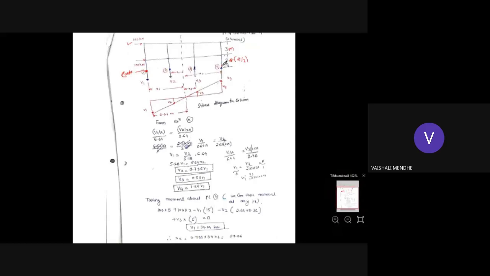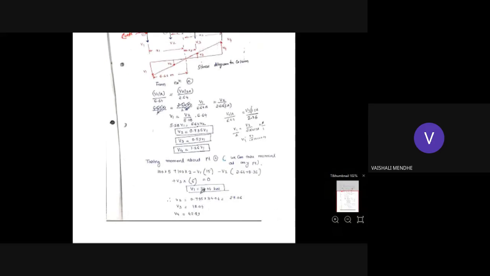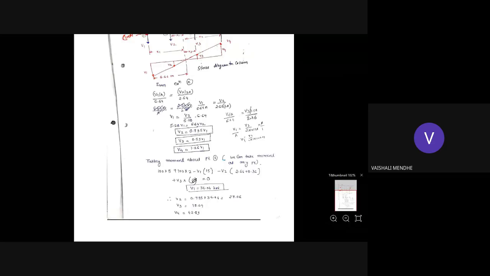We take the moment about point 4. Okay, so after solving this you'll get the value of V1 which is equal to 34.04 kilonewton. यहाँ पे V2 in terms of V1 put करो, V3 in terms of V1 put करो. ठीक है, V2 is 0.795 V1, V3 is 0.53 V1.